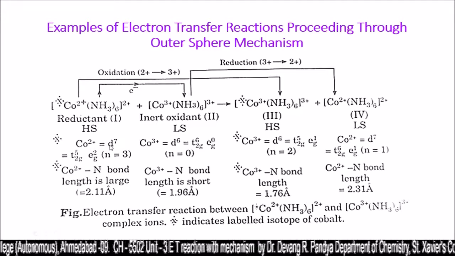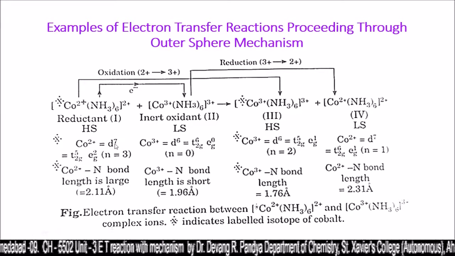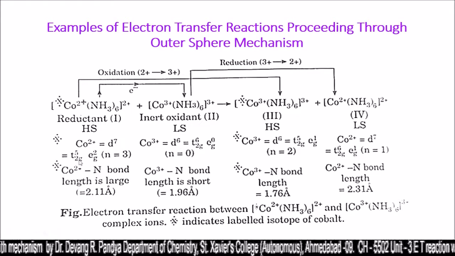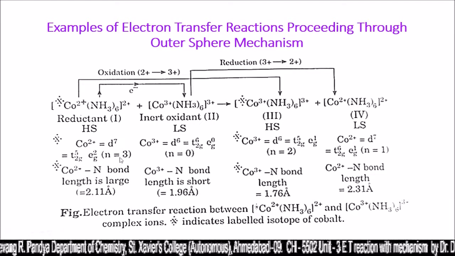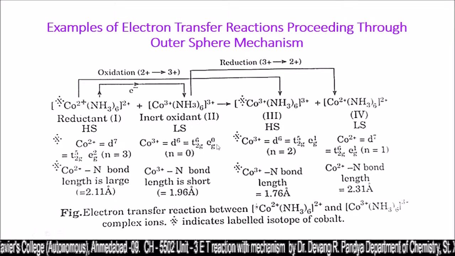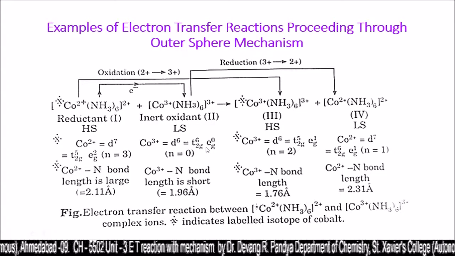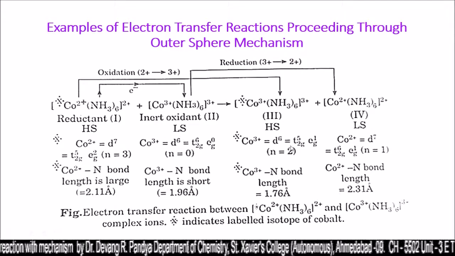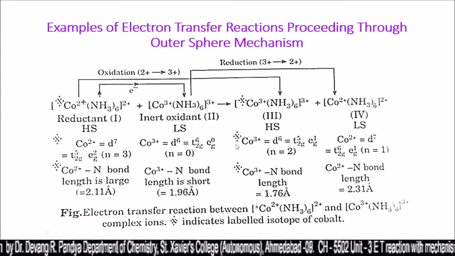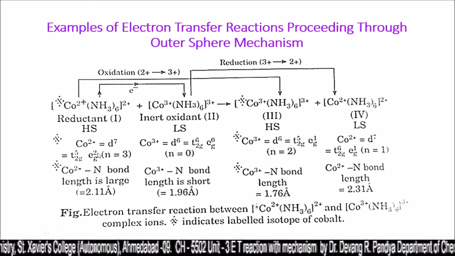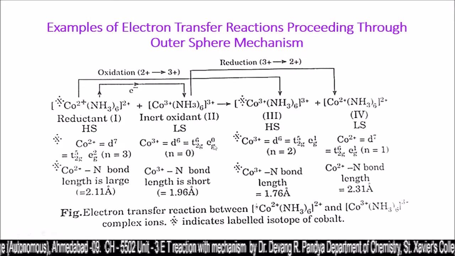Here the cobalt is in d7 configuration, and here the cobalt is in d6 configuration. Here t2g5 eg2, n is equal to 3, whereas here n is equal to 0, t2g6 eg0. There is no electron in eg. Now when the reaction takes place between these two, this one is converted into t2g5 eg1 and this one t2g6 eg1. So one electron from this eg enters into this eg.